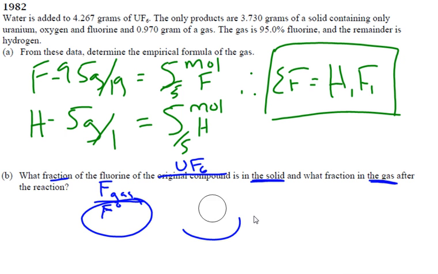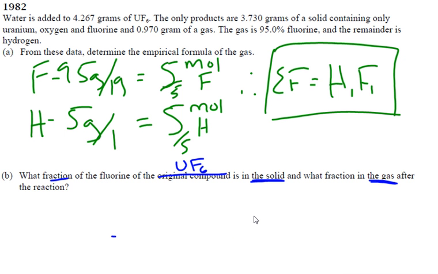So let me make some room here. All right. We need to know the percent fluorine in uranium hexafluoride. So to do that, we take how much fluorine there is in that compound.